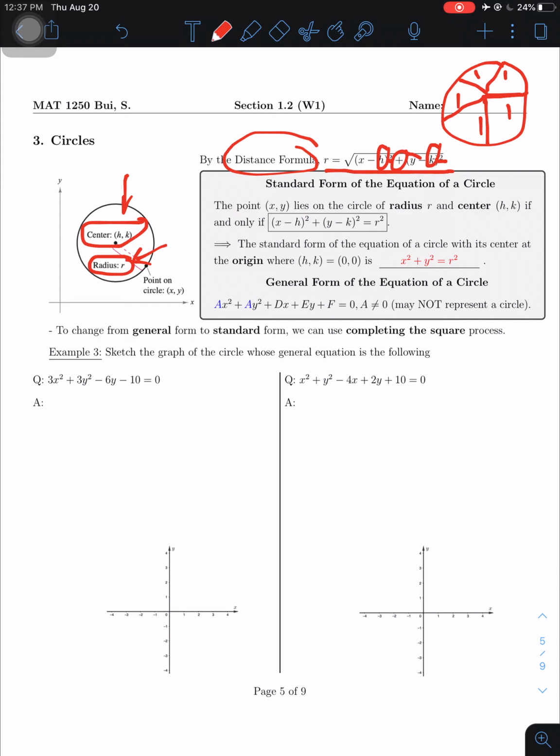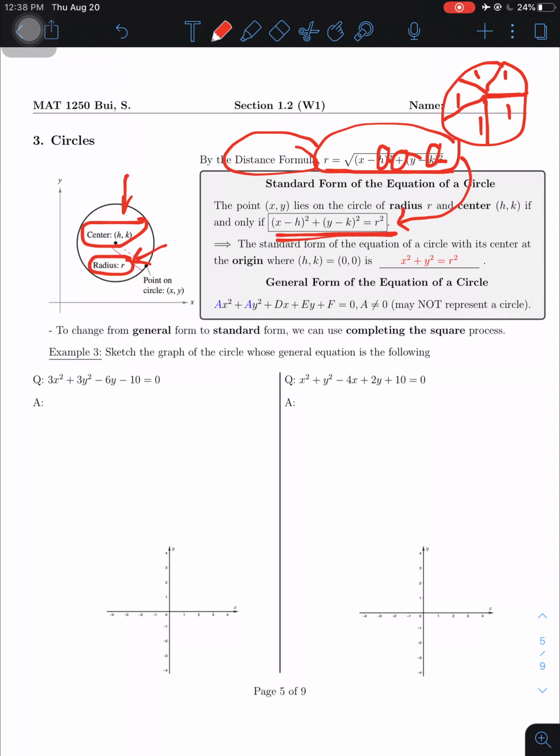But you will see something alike that distance formula when it comes to the equation of the circle. Why is that so? Because if you notice, we actually take this equation and we square both sides. So on the left hand side, r becomes r squared, and on the right hand side, the square will take out the square root. That's why we don't have any square on the left hand side in here.